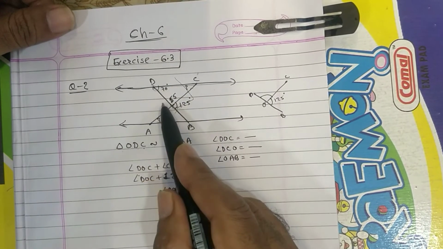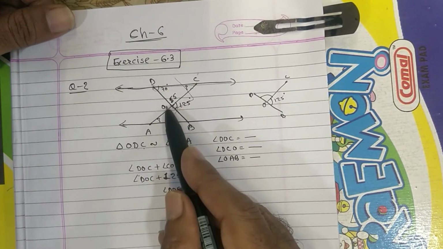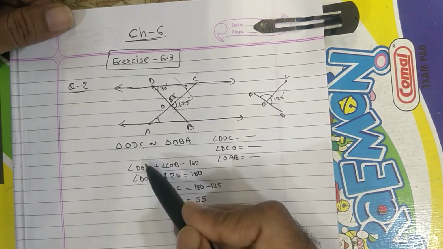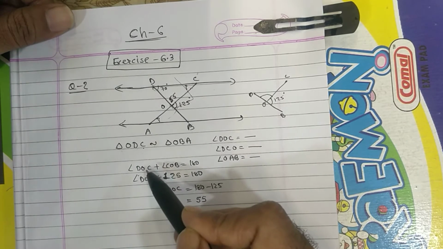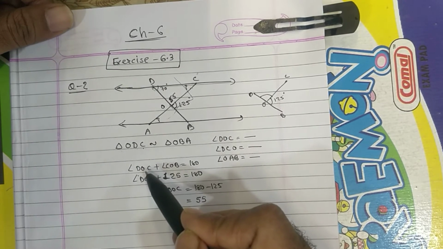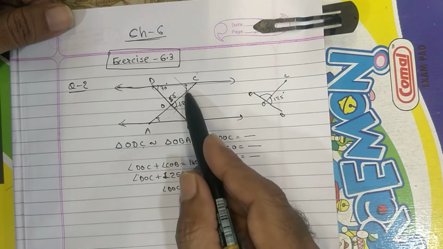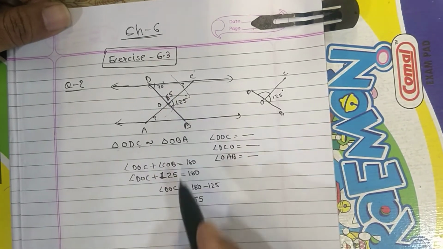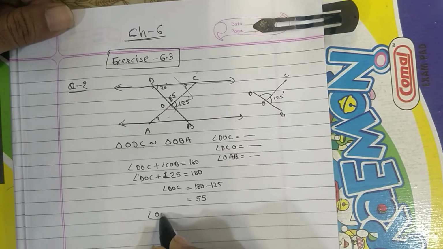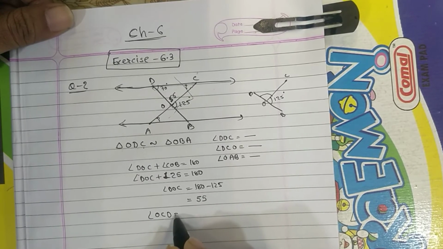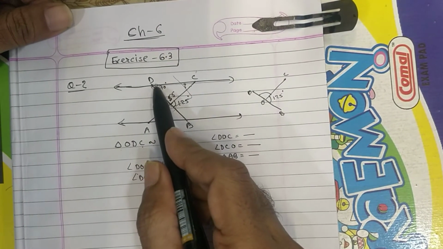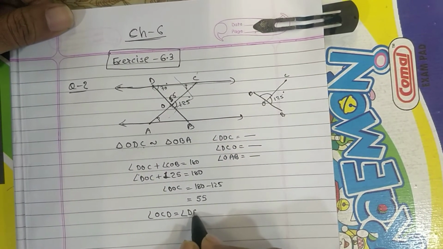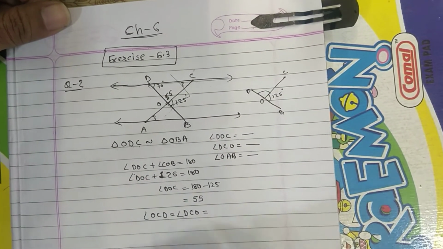Now I want to find out this angle. So DOC is a triangle. Sum of three angles of a triangle is 180. So I want to find out angle OCD, or I can say DCO also. It can be written like this also.